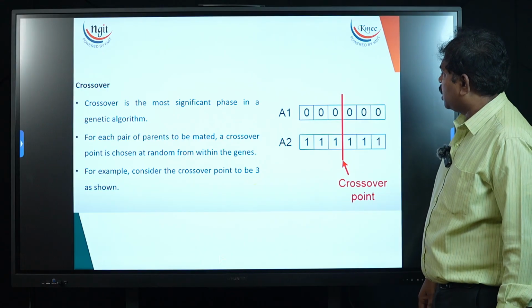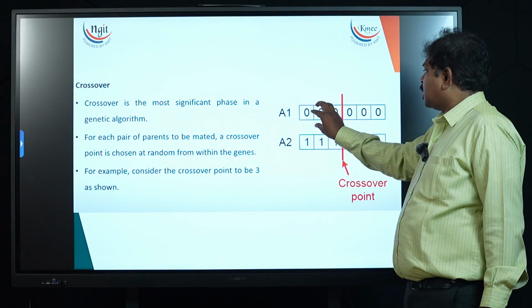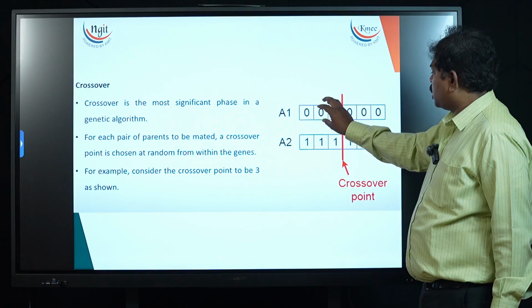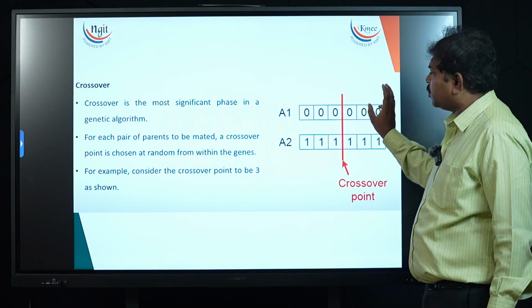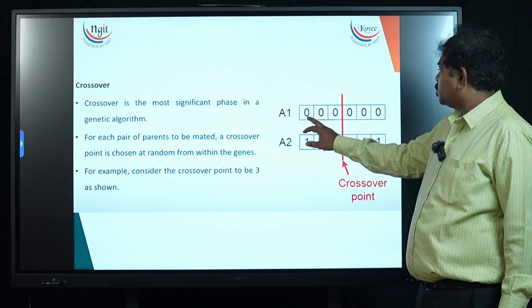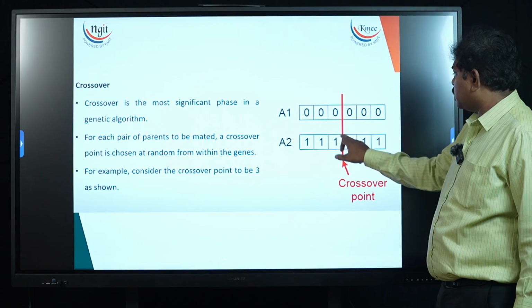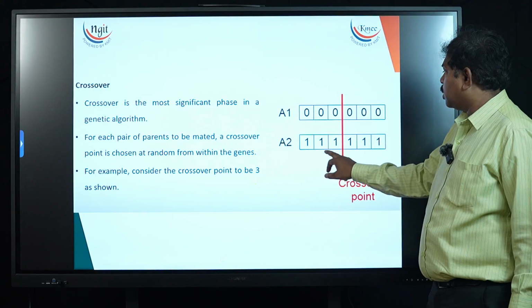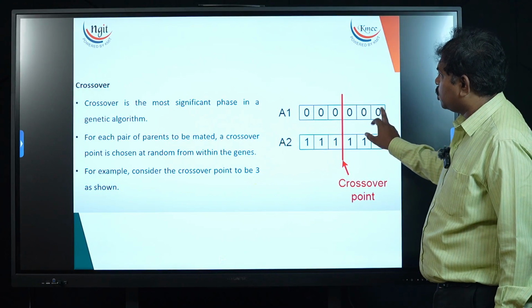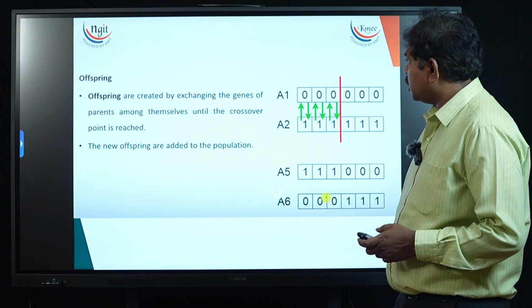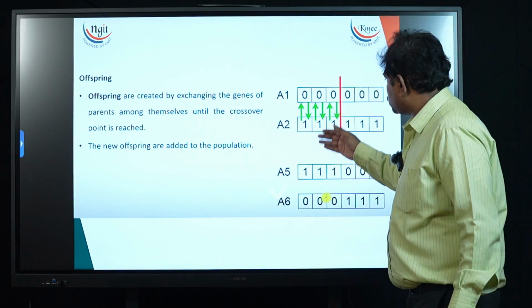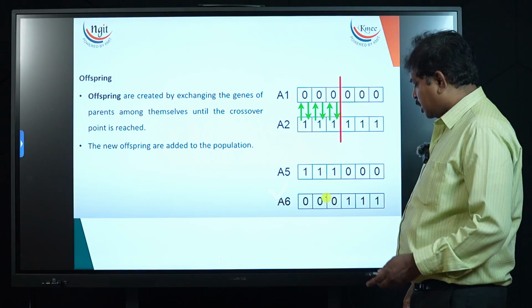Crossover means the genes of the A1 parent are combined with the genes of the A2 parent, and A2 parent genes are combined with A1 parent. Like this, 0 0 0 concatenated with 1 1 1, and 1 1 1 concatenated with 0 0 0. Like this we cross over the parents and generate the offsprings. Like this, two offsprings are created.